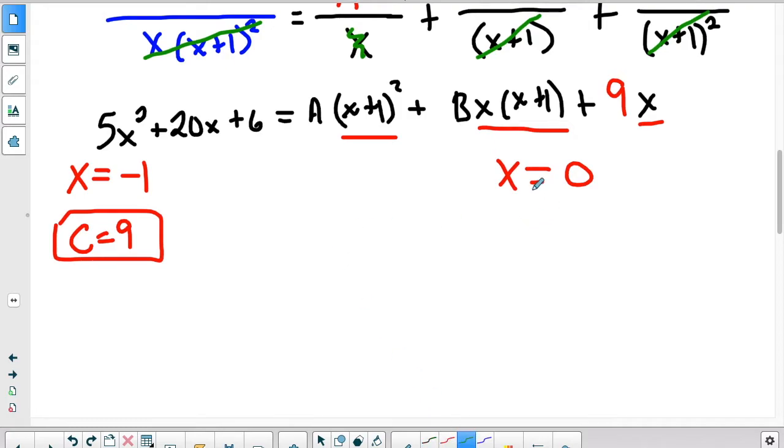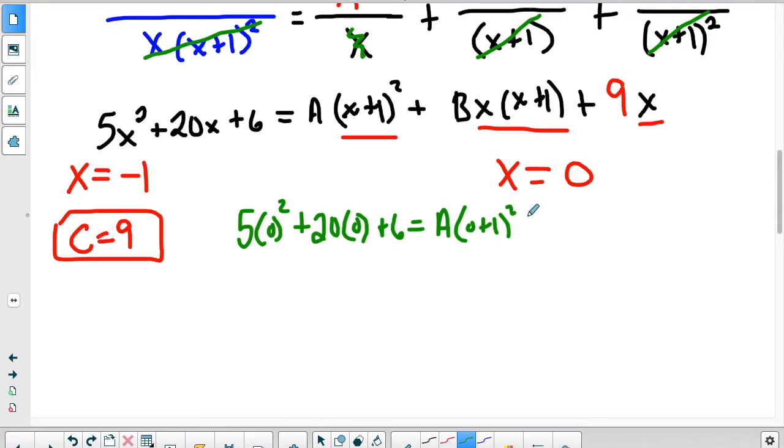So when we do our next one, when we plug in 0, we're going to have 5 times 0 squared plus 20 times 0 plus 6 is equal to A times 0 plus 1 squared plus B times 0 times 0 plus 1 plus 9 times 0.